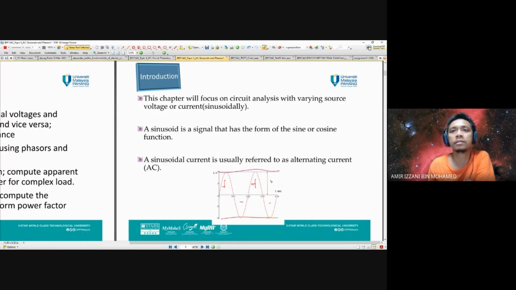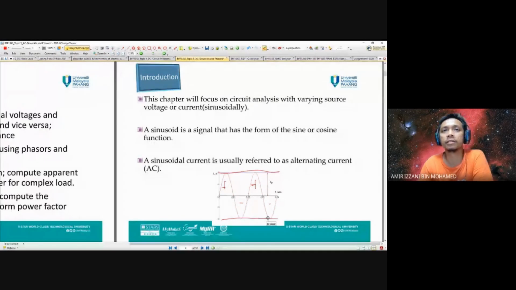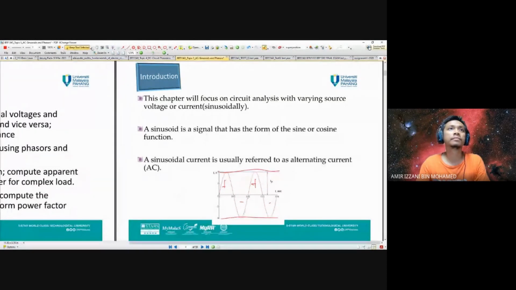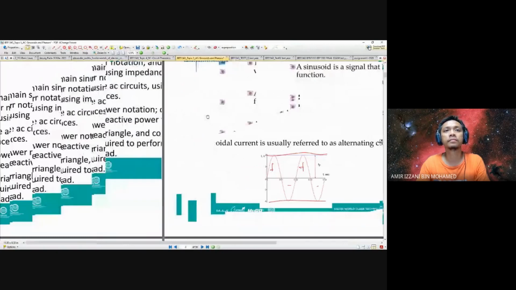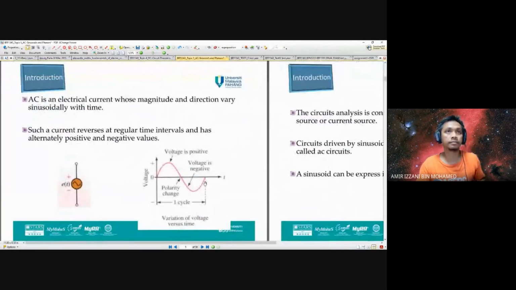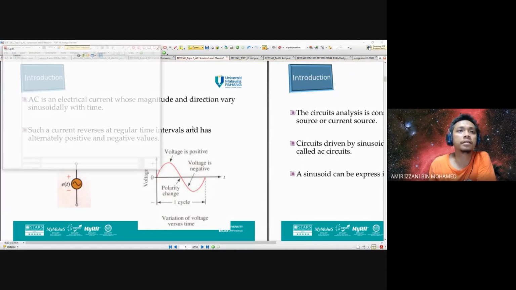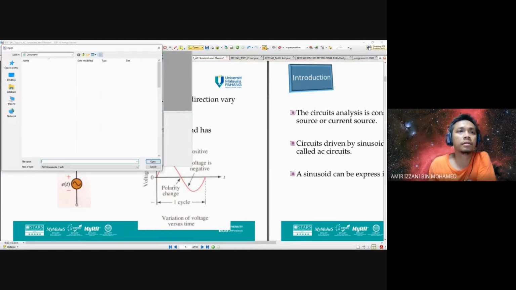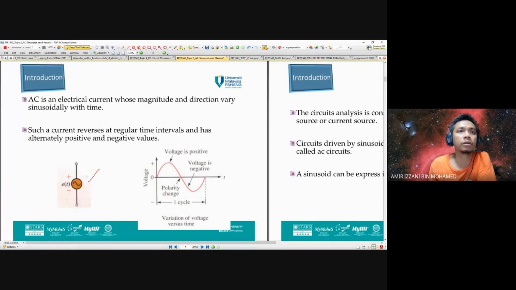It's not alternating. As for the symbol, in general, it looks like this symbol for AC source. As I mentioned just now, it alternates from positive to negative.